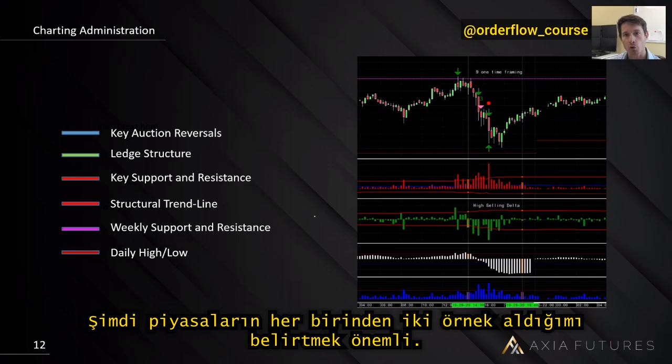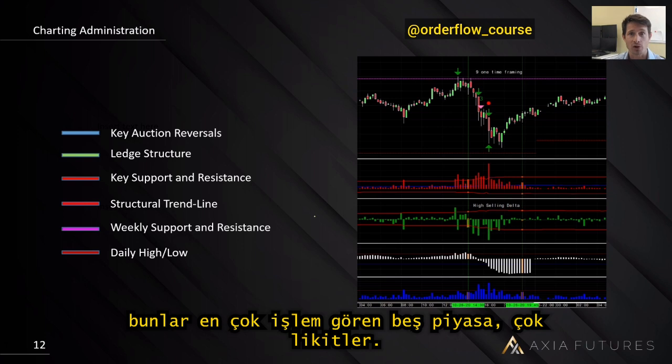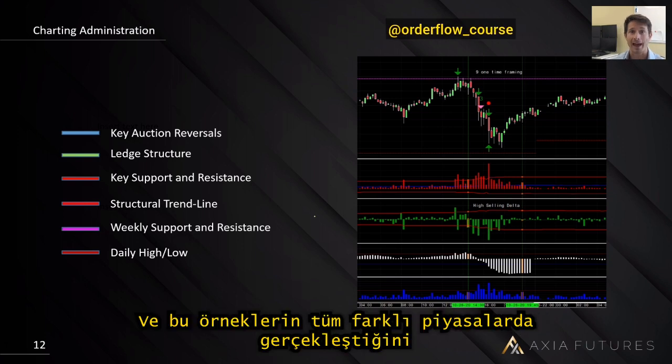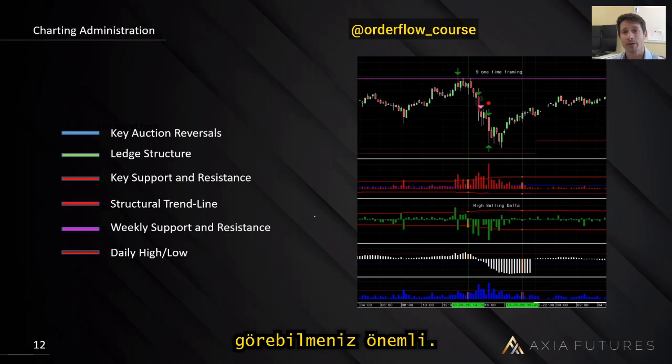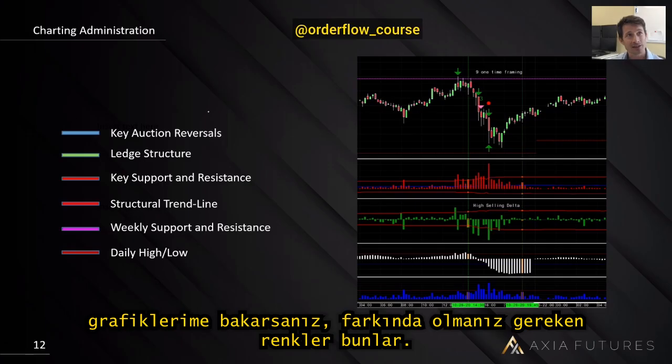I've taken 2 examples from each of the markets, simply because these are the 5 most tradable markets. They are very liquid, and it's important that you can see these examples playing out in all of the different markets.